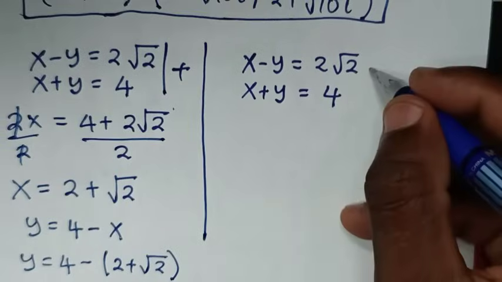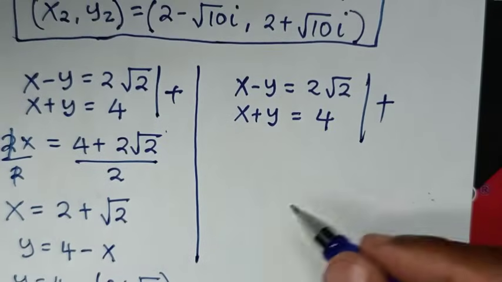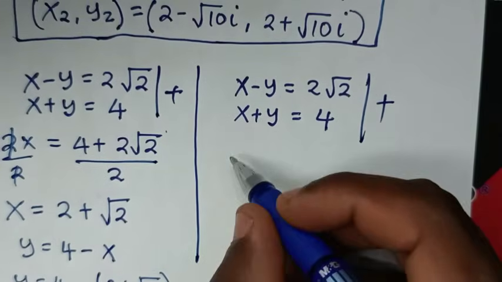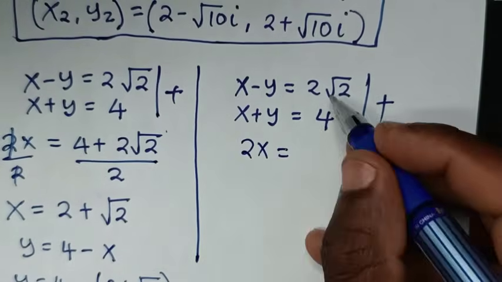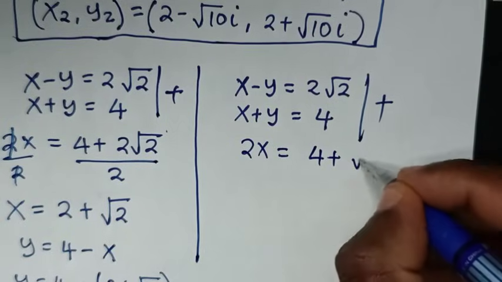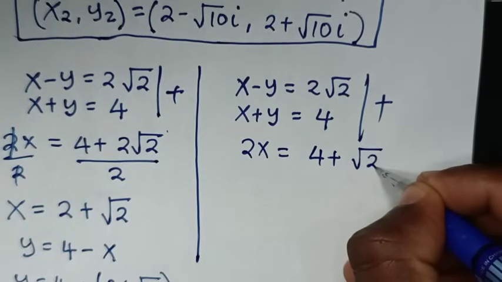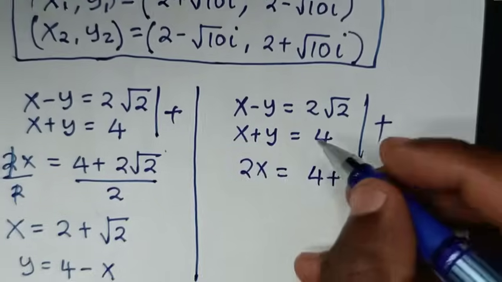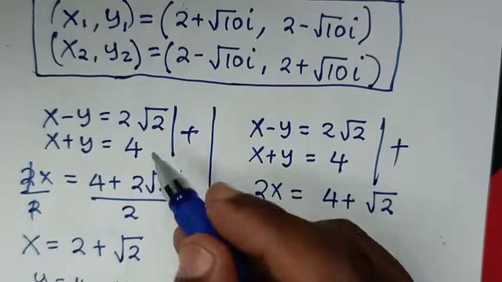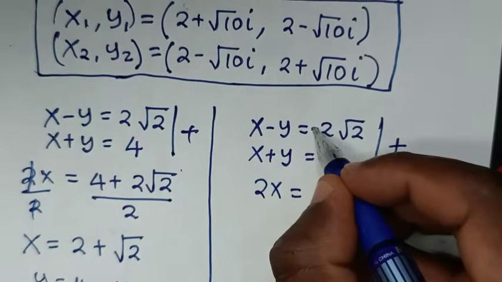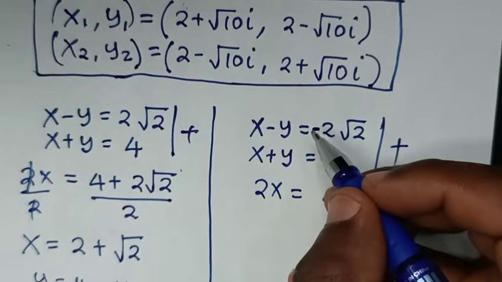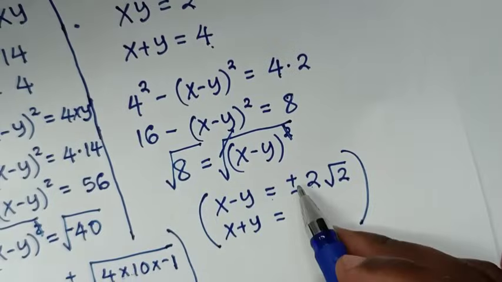And from here we add the two simultaneous equations. By elimination, this plus this is 2x is equal to this plus this is 4, and in here it was 2 square root of 2. In here it is negative because we had two solutions, plus or minus 2 square root of 2.